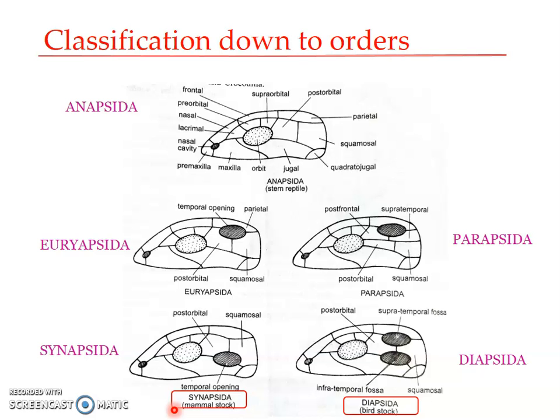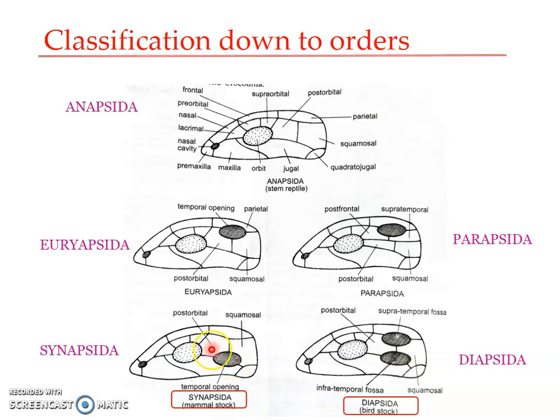Euryapsida. Here you can see the skull possesses only a single temporal opening, and it is bounded by the postorbital, squamosal, and the parietal bone on the dorsal side. So these three bones bound the temporal fossa in the case of Euryapsida. And in the case of Synapsida, what happens? Again, there is only one, but it is shifted towards the lower side, or towards the ventral side.